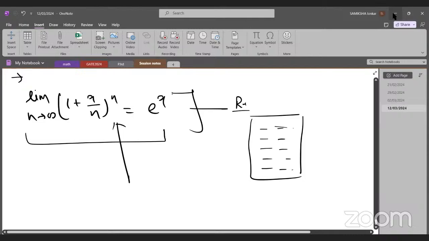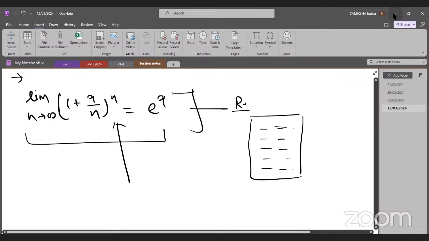Ma'am, for the current scenario, based on your experience, can you list down some important formulas of this kind?